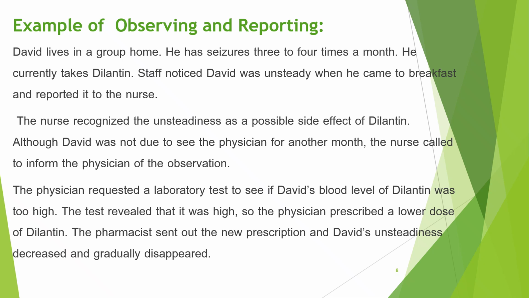The physician requested a laboratory test to see if David's blood level of Dilantin was too high. The test revealed that it was high, so the physician prescribed a lower dose of Dilantin. The pharmacist sent out a new prescription, and David's unsteadiness decreased and gradually disappeared.